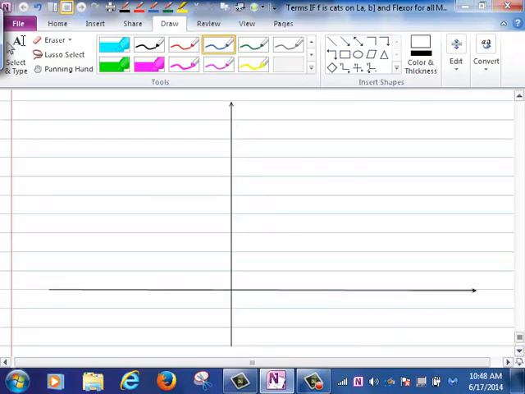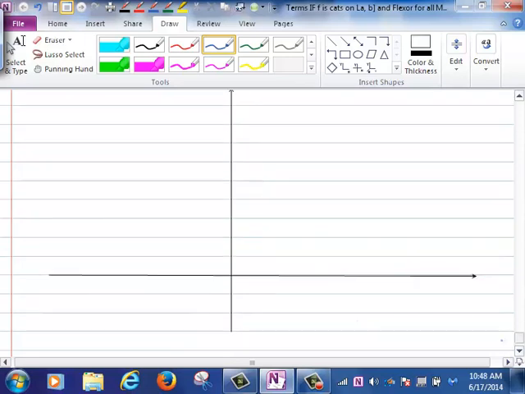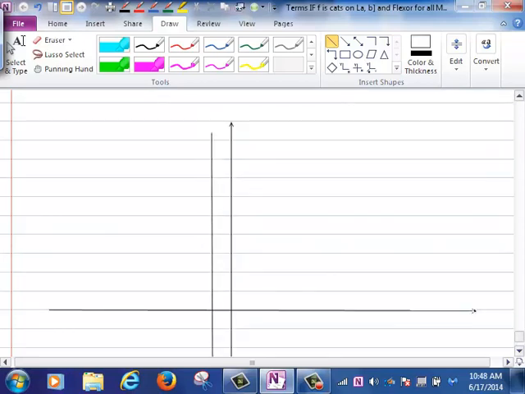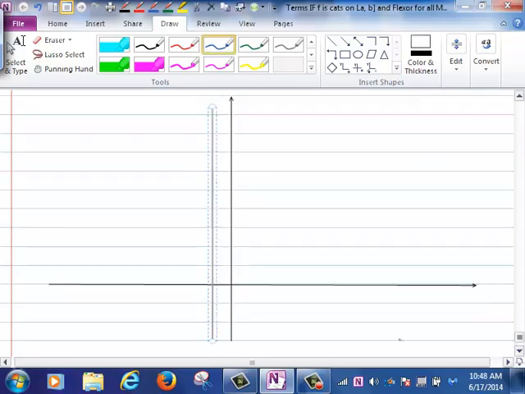We know that we have a vertical tangent at -1, right? So I am going to make a vertical tangent at -1. Let's say this is my -1. So this line that I just sketched is the line x equals -1.